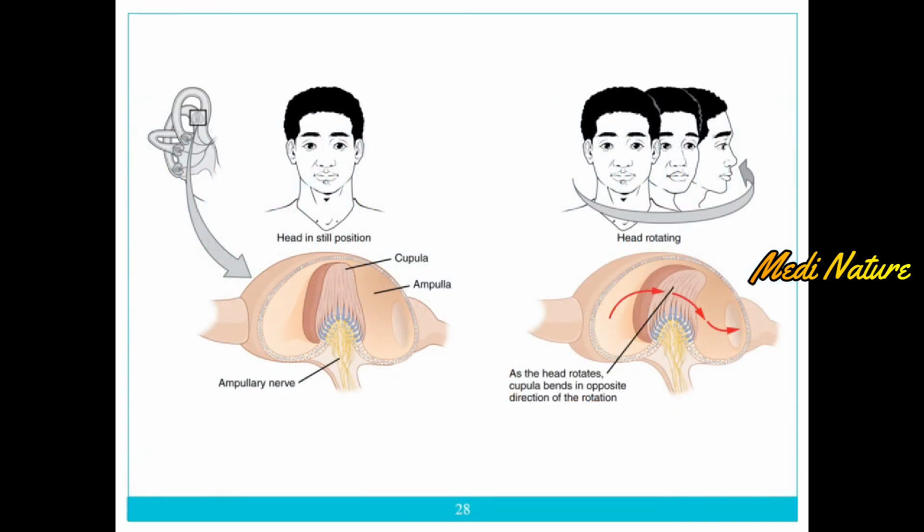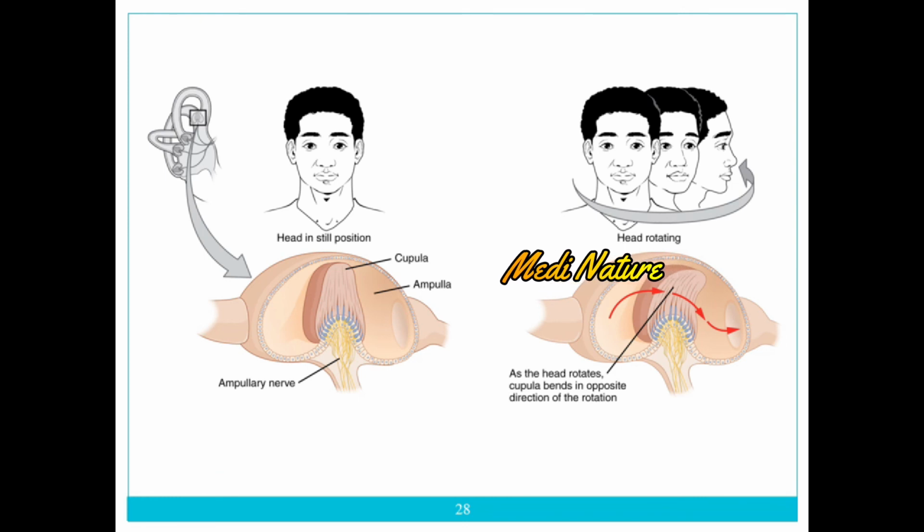In the semicircular canals, you can see there is a space called the ampulla. In the ampulla, there is a special organ called the cupula. The cupula is important for the detection of changes in the position of the head. It is composed of tiny hairs.